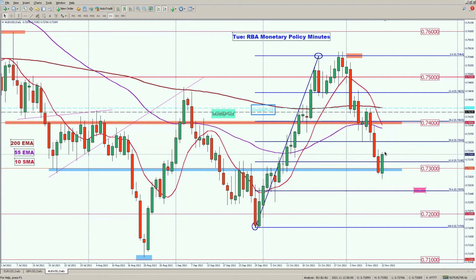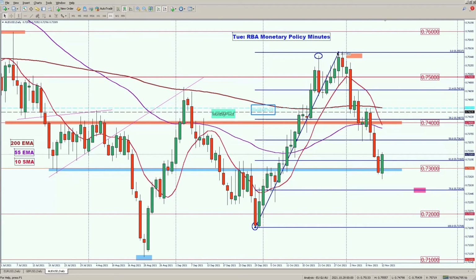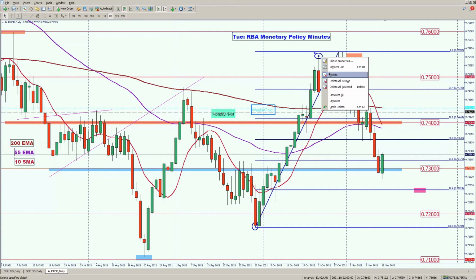Let's see whether there's a possible move lower, possible dip to this 78.6 retracement level at 72.50. We can also update this fib to this area. And the 78.6 is still 72.53.